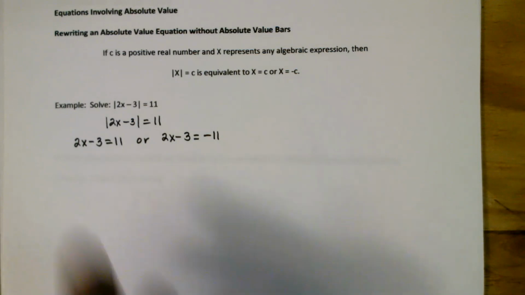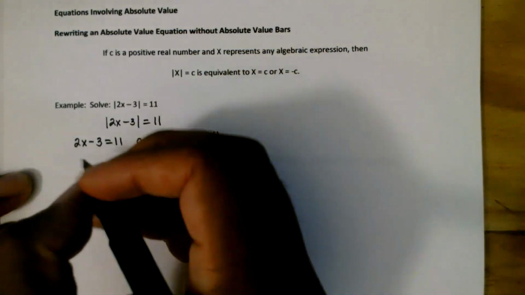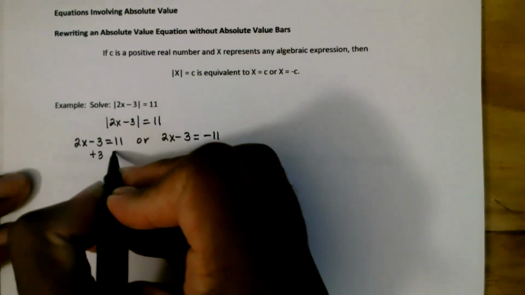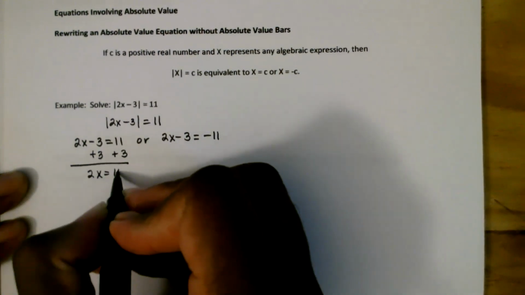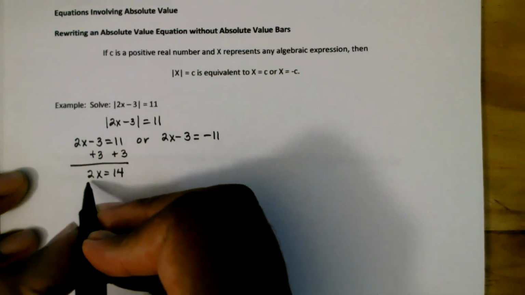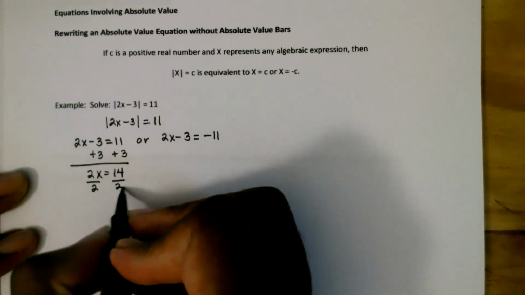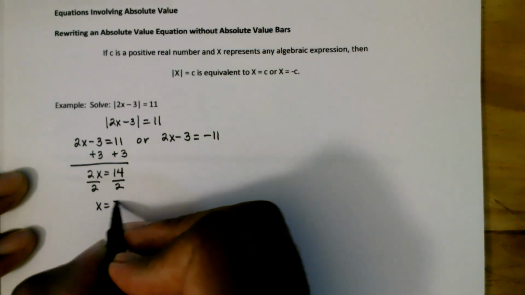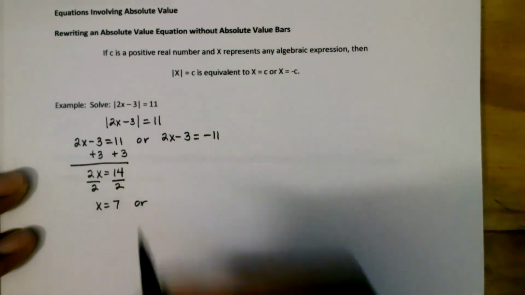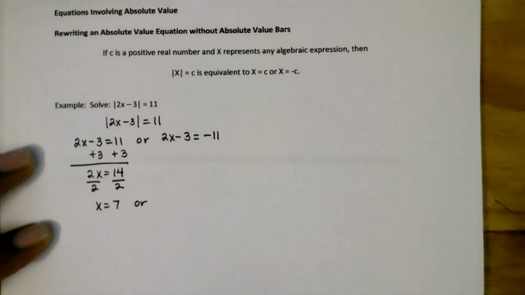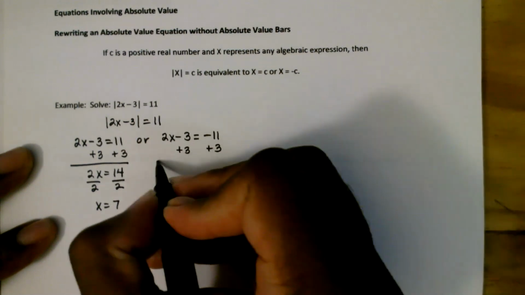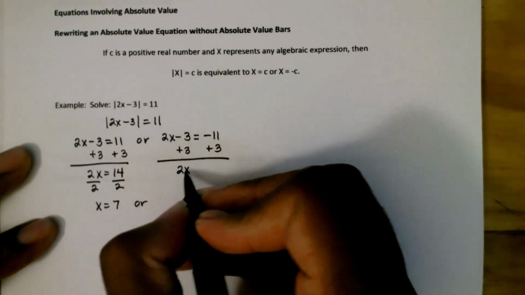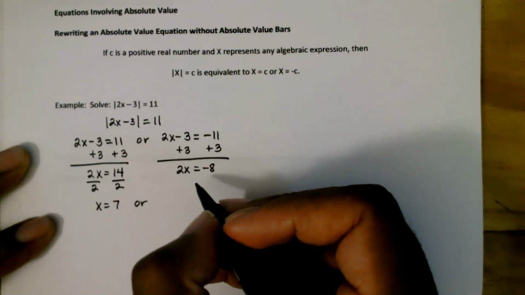And each equation we will solve for x. So for 2x minus 3 is equal to 11, if we add 3, you'll get 2x is equal to 14. And then to solve for x, we divide both sides by 2 to get x is equal to 7. Or for 2x minus 3 is equal to negative 11, we're going to add 3 to both sides to get 2x is equal to negative 8.